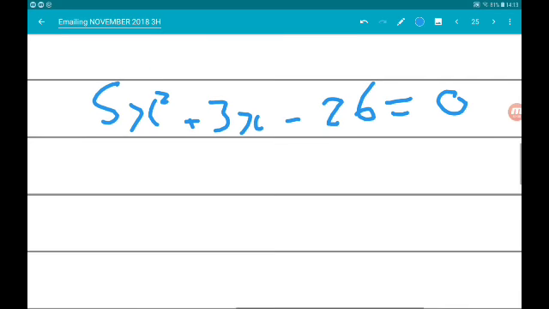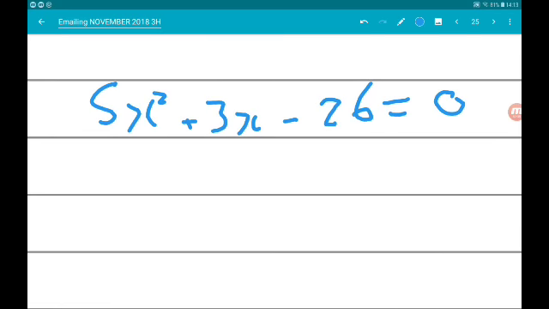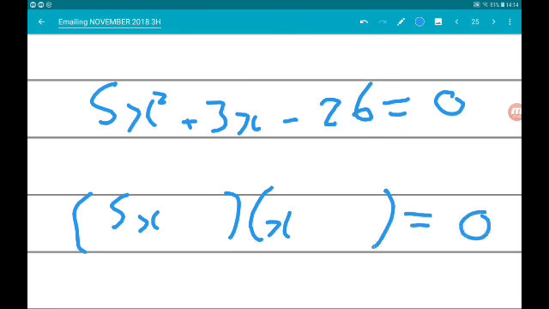Now, to factorise this, we know we're going to need a 5x to get 5x squared. So, that's taking care of the 5x squared. Now, we know that our two numbers need to multiply together to minus 26. So that tells us one number is negative and one is positive.